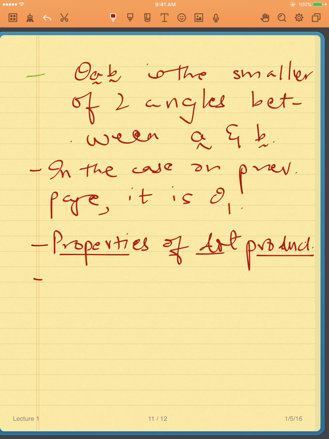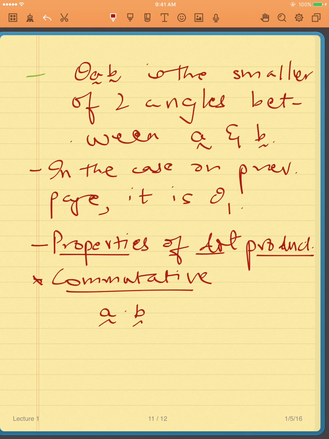One is that it is commutative, which means that A dot B is the same as B dot A. So reversing the order of multiplication in the case of a dot product does not alter the result, because the cosine of the angle between the two does not change whether we start with vector B and sweep into vector A or vice versa, right?